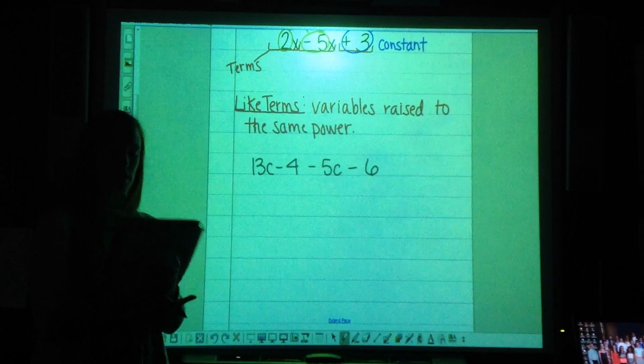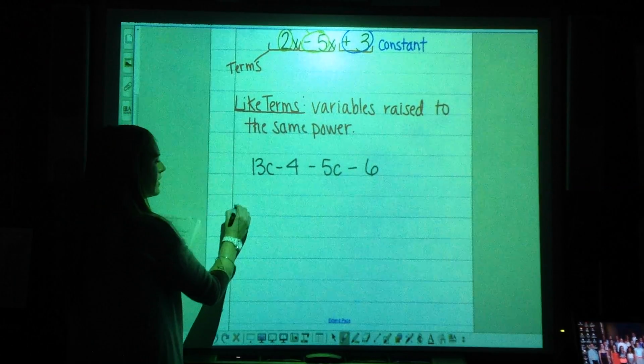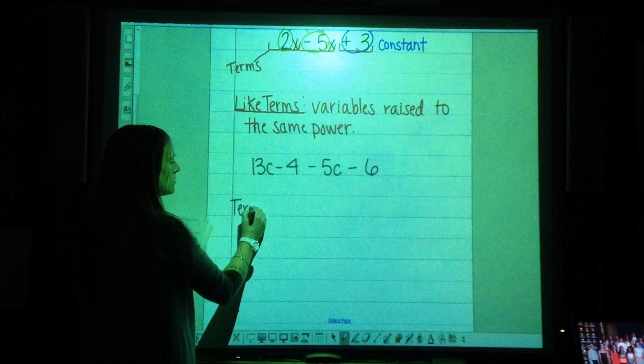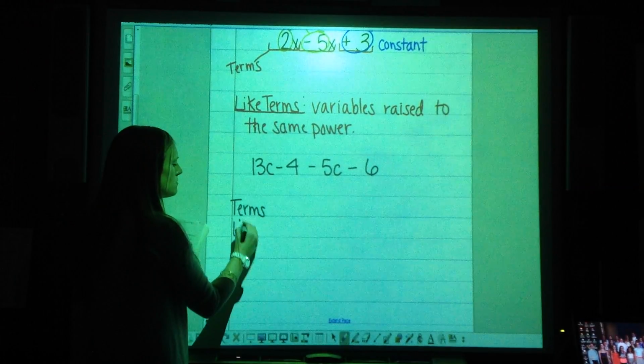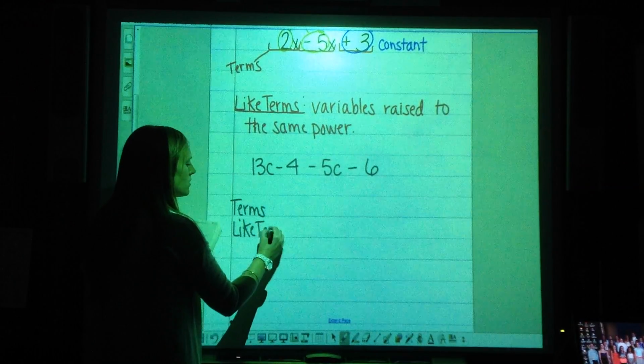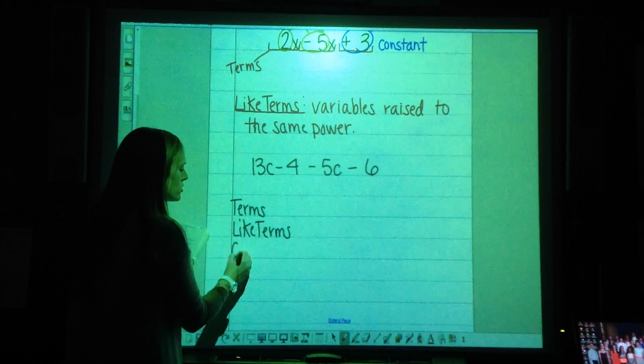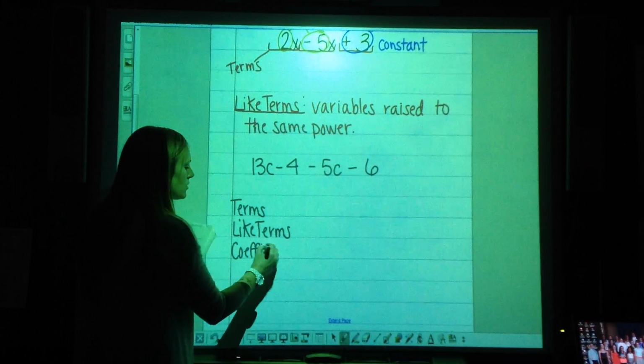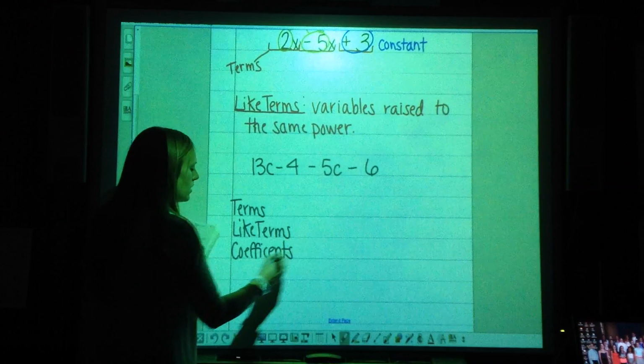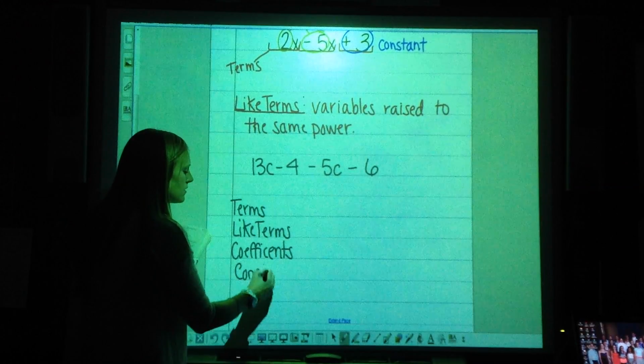Again, you're going to need to identify four things: the terms, the like terms, the coefficients, and any constants.